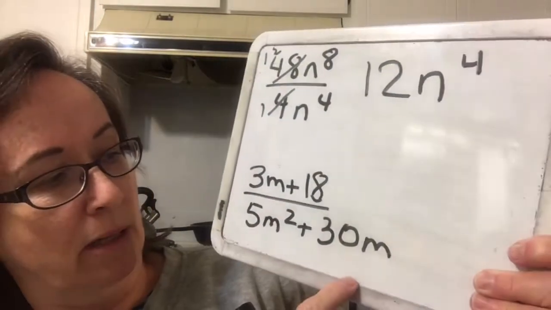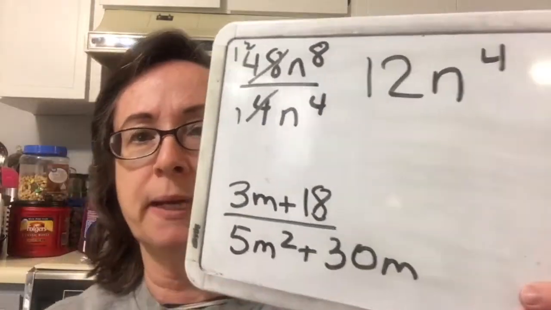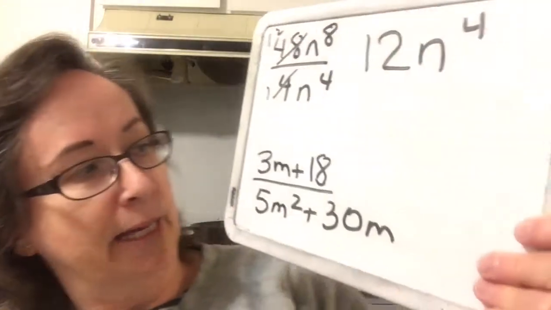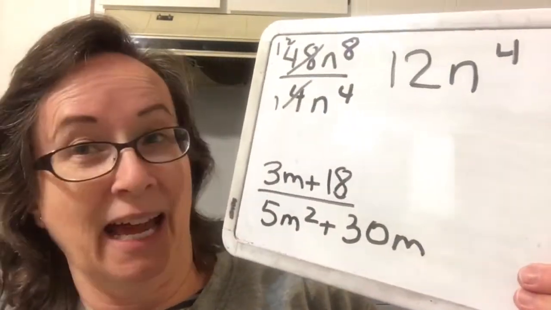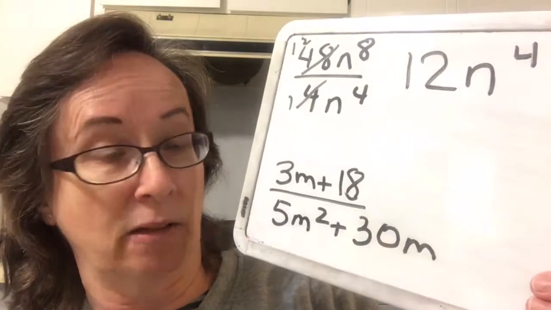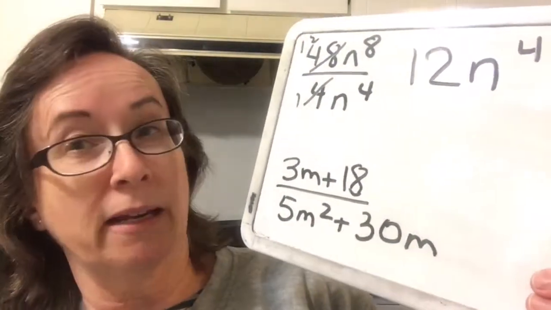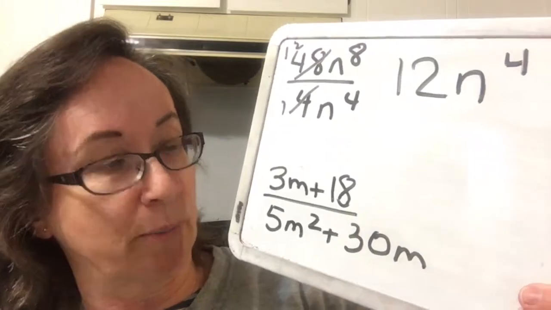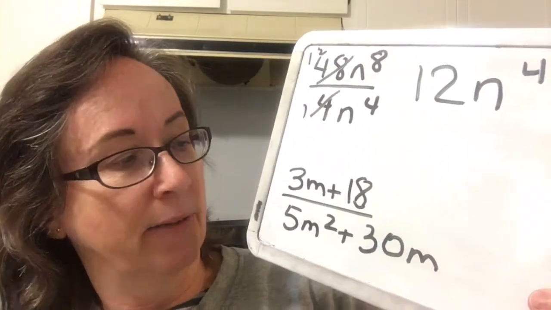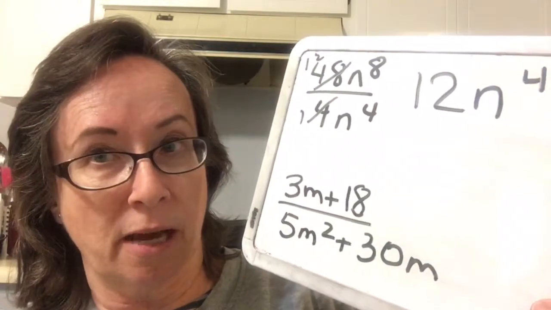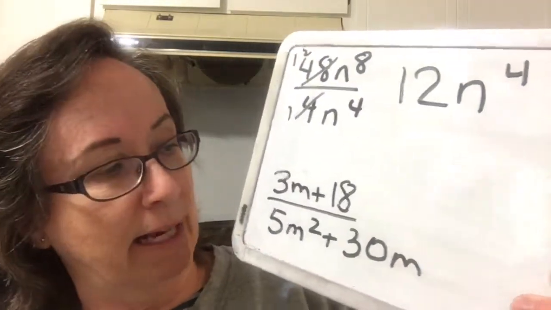Down here, it's a little bit more complicated because I do have an expression on both the numerator and the denominator that I can factor and cancel. So remember, I cannot cancel what I cannot factor, so I'm going to simplify by first factoring the numerator, factoring the denominator, and then canceling anything that I can.